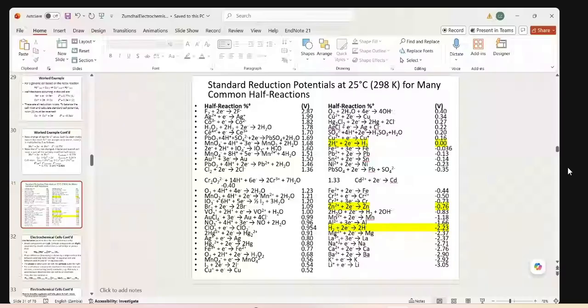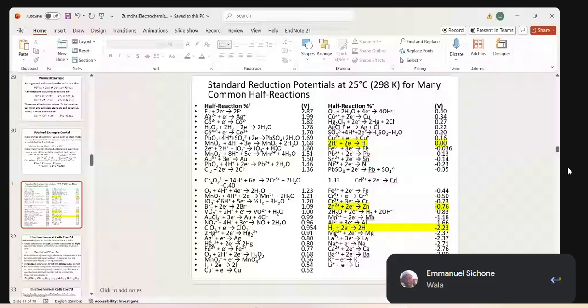Okay, so the hydrogen on top, you're starting with the hydrogen ions, right? Then this hydrogen ion is gaining an electron and becoming neutral hydrogen. That's what we want.